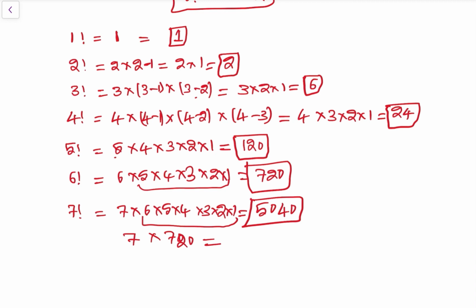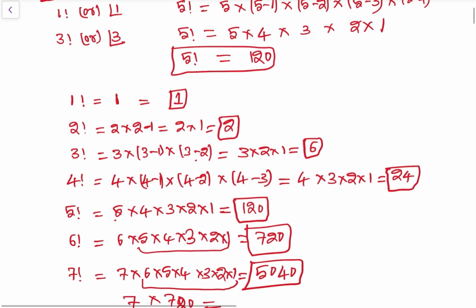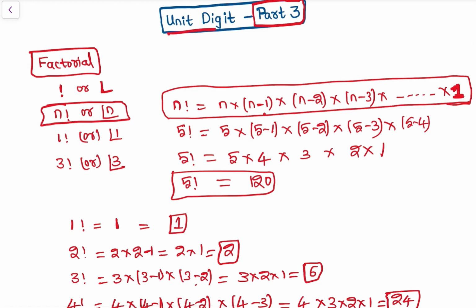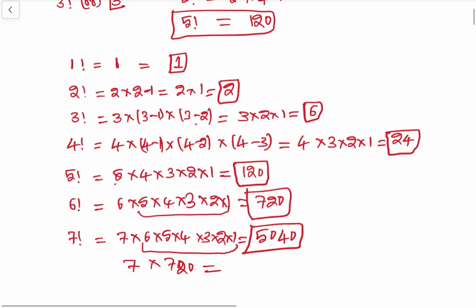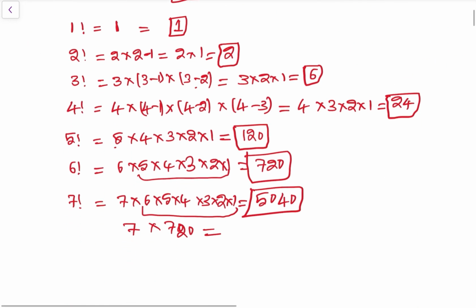So now we are dealing with factorial and we are dealing with unit digit. We want the unit digit of factorials. So 1 factorial's unit digit is 1, 2 factorial's unit digit is 2, 3 factorial's unit digit is 3, and 4 factorial's unit digit is 4. And 5 factorial unit digit is 0, 6 factorial unit digit is 0, and 7 factorial unit digit is 0.